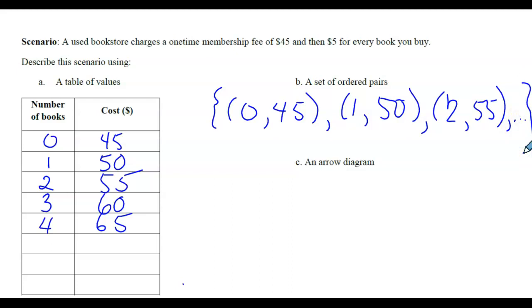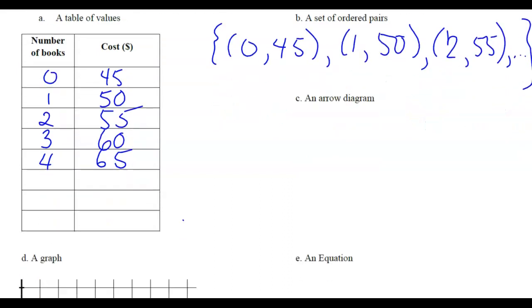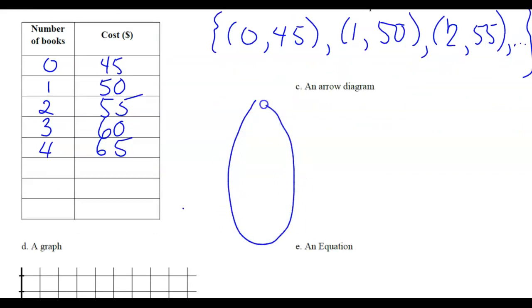Okay, so at least have 3 ordered pairs so you can see the pattern. Arrow diagram. That one wider. So that's 0, 1, 2, 3, 4.